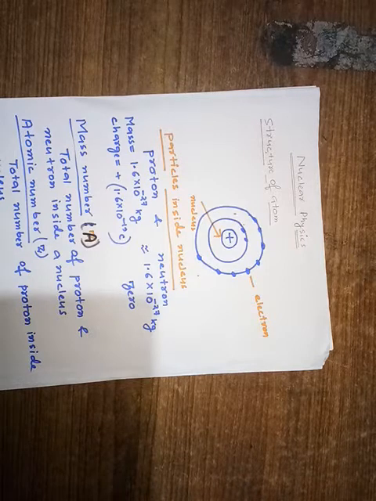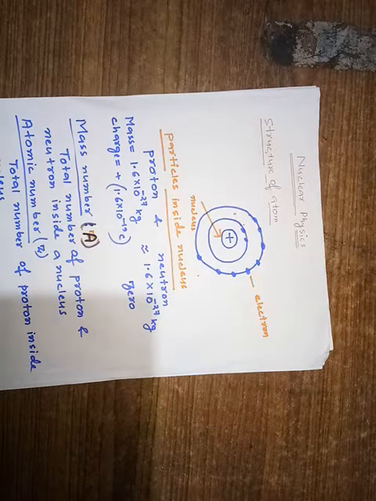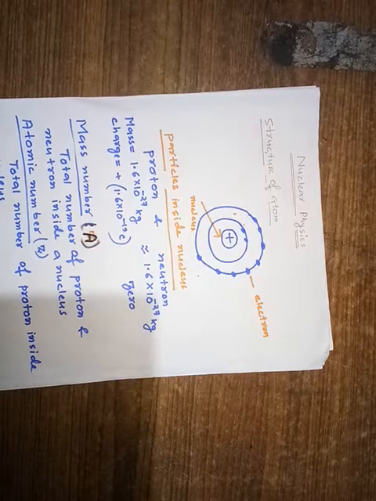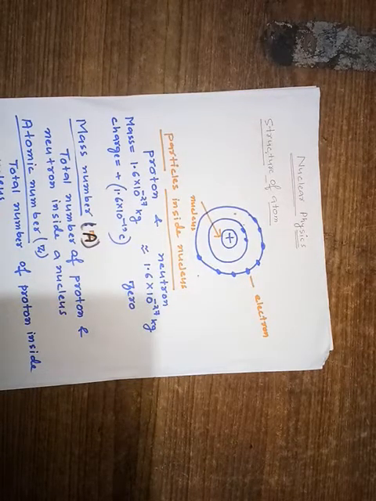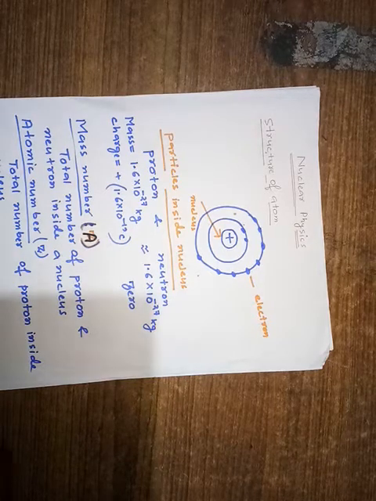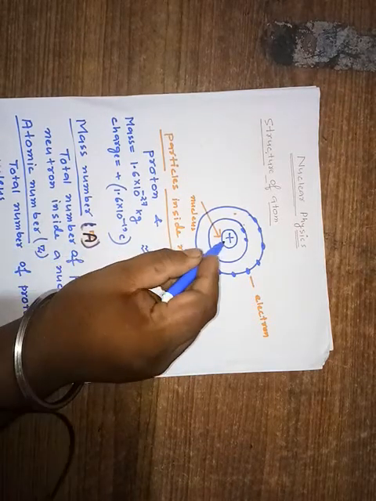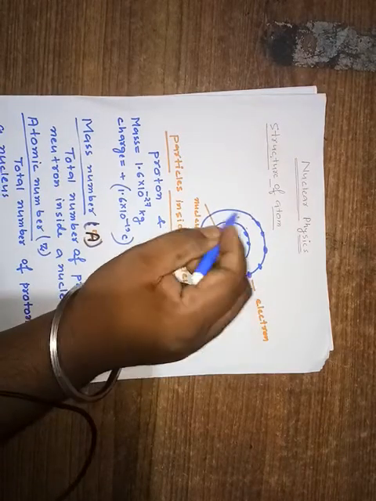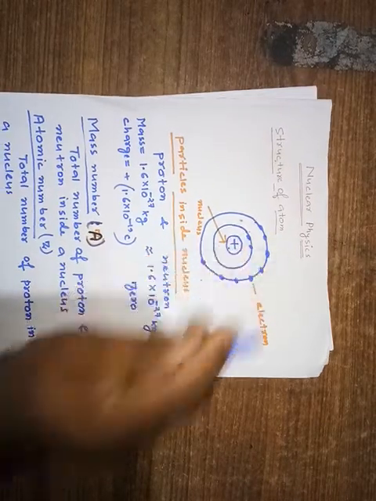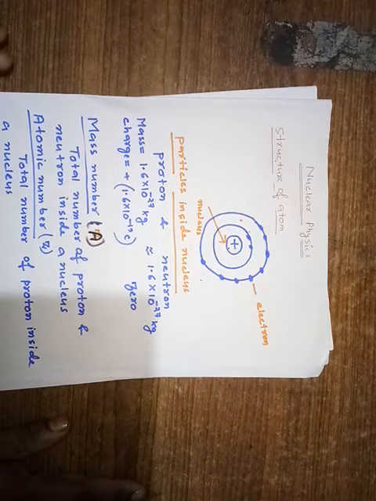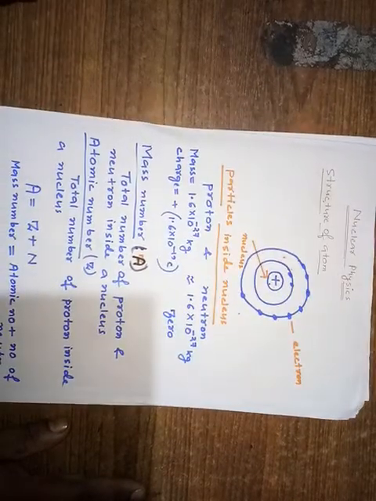That means the maximum percentage of the mass of the atom is concentrated at the center, which is positively charged, and that is called the nucleus. And the size of the nucleus is very small, right? And around the nucleus, in certain orbits, the electrons are revolving, that we got from our earlier class.